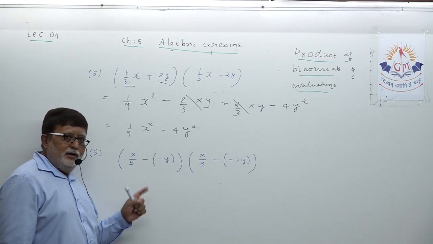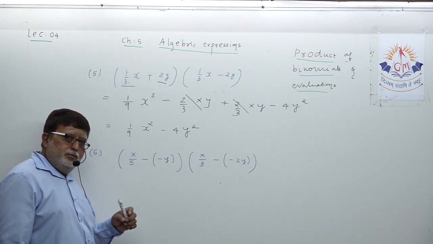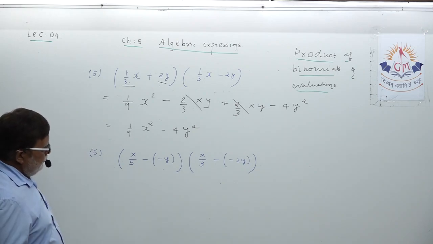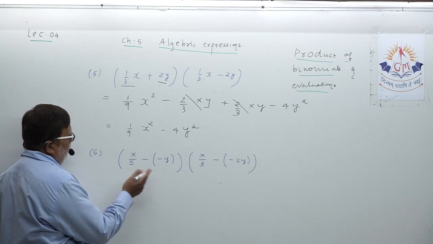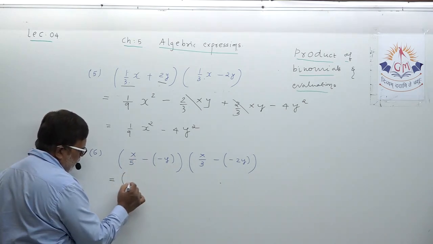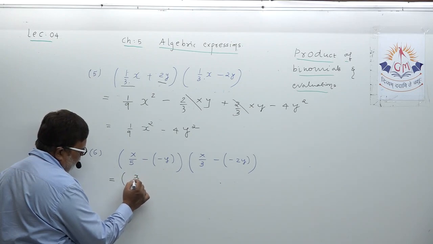Two signs are successive. So before we start multiplying the binomials, you have to solve these two signs first.